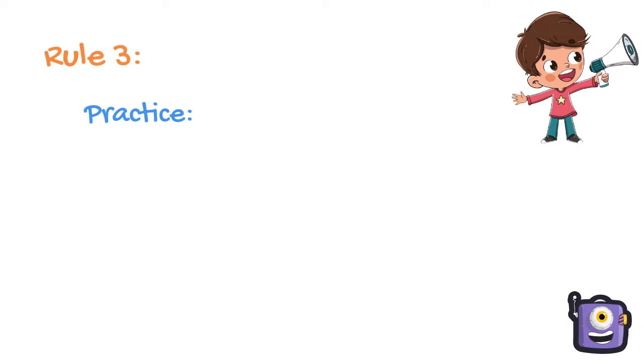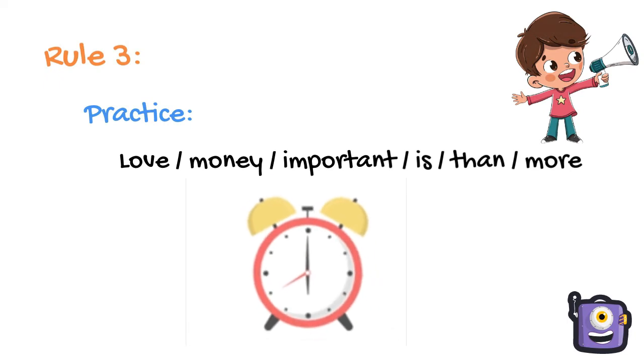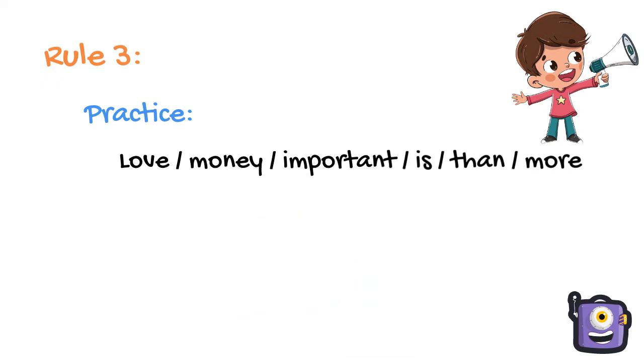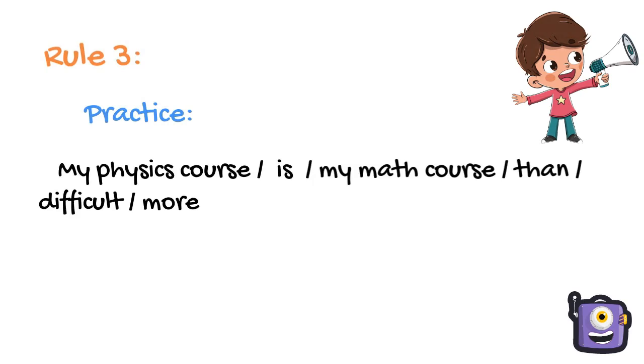When we know the rules, everyone try to rearrange the words in the correct order. First. And the answer is: love is more important than money. Second.